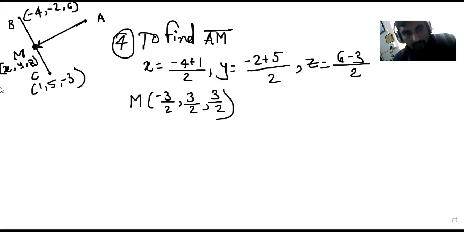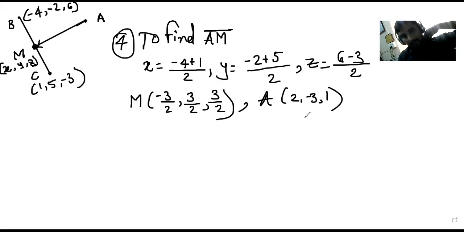Now you know the coordinates of A. Coordinates of A are 2 comma -3 comma 1. So you have the coordinates of M, you have the coordinates of A. Now you can find out vector AM bar.